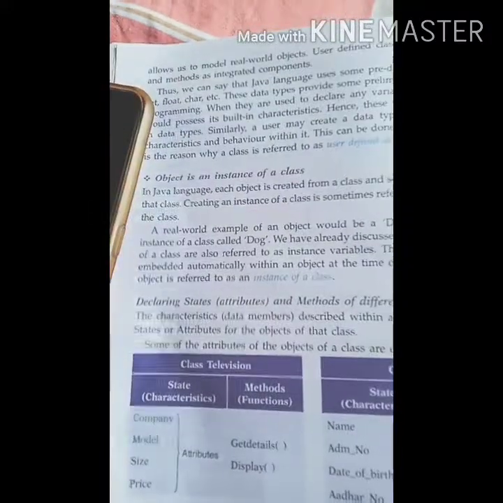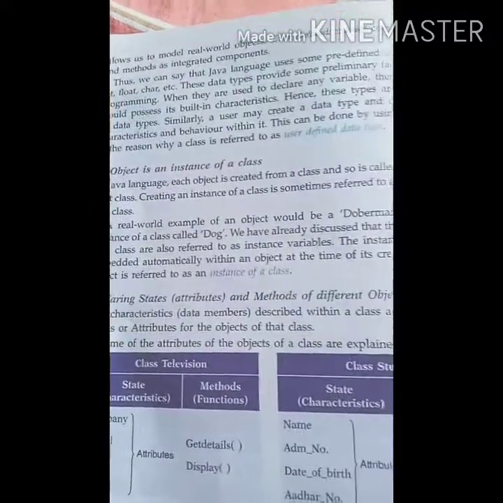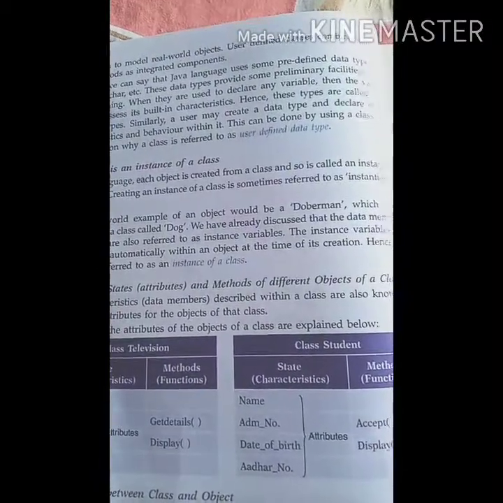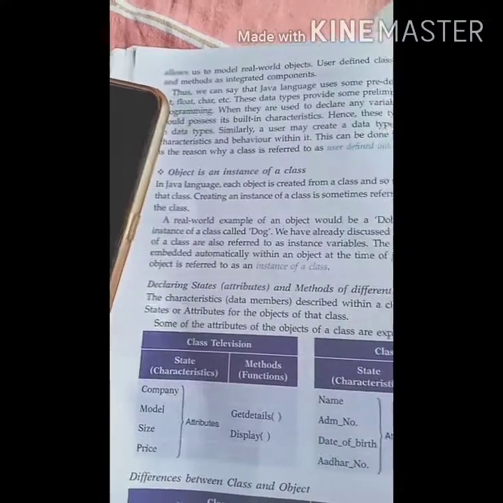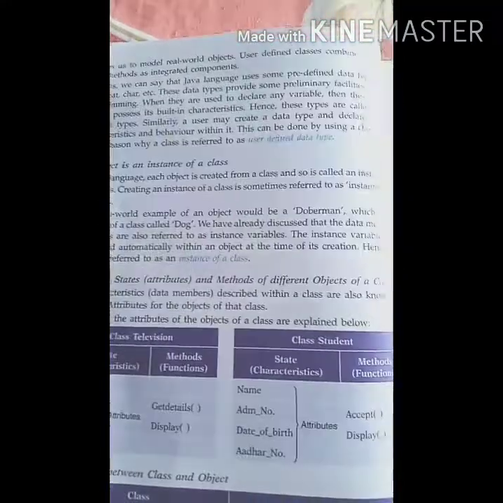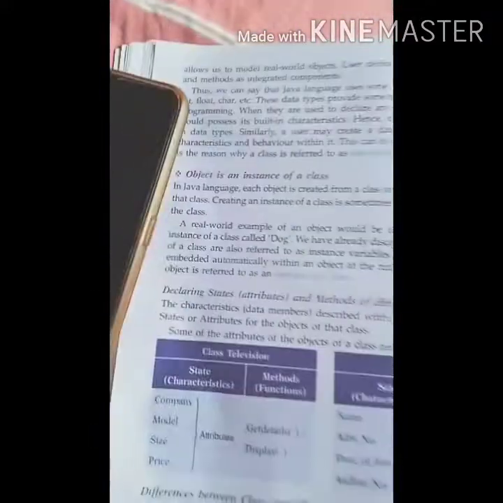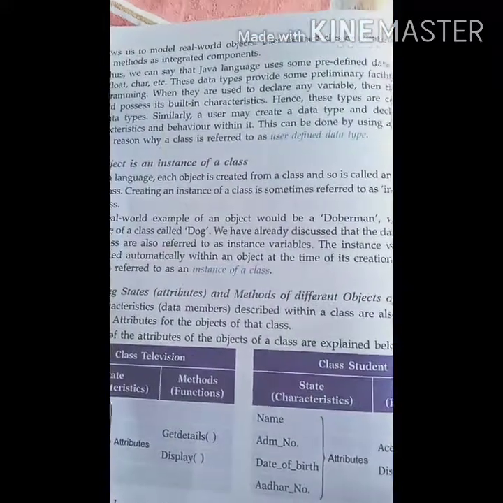Okay, a real world example of an object would be a Doberman, which is an instance of a class called dog. We have already discussed that data members of a class are also referred to as instance variables.